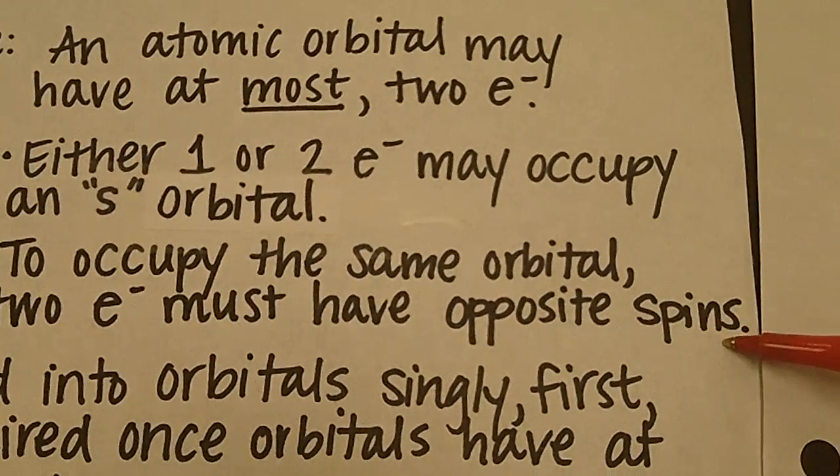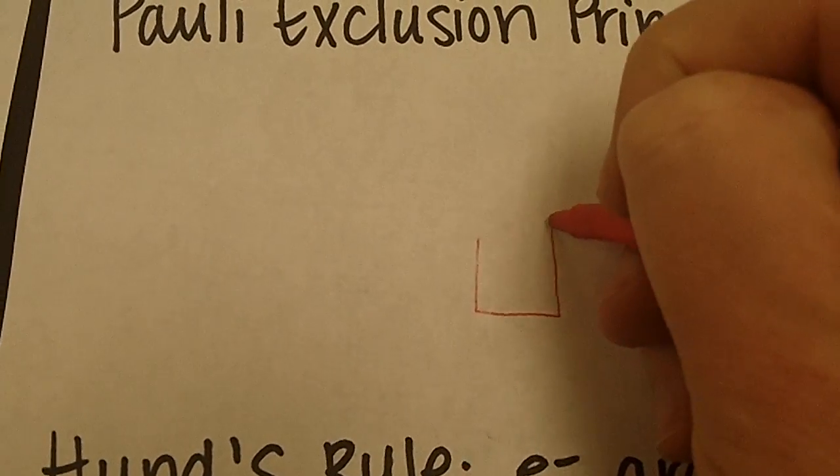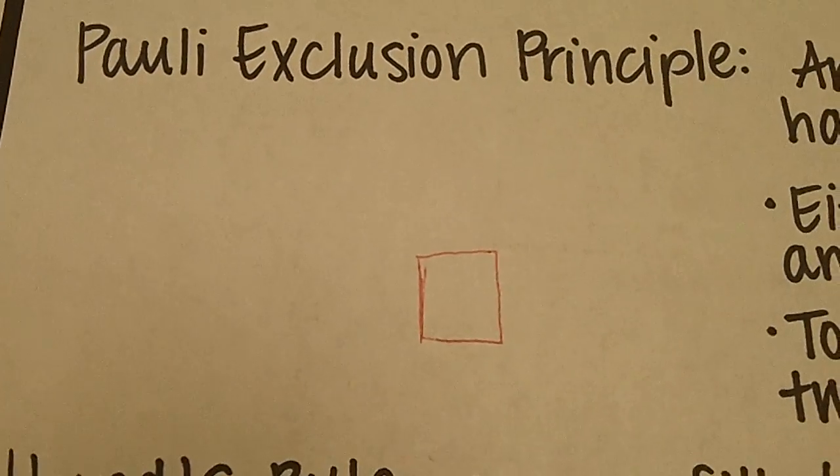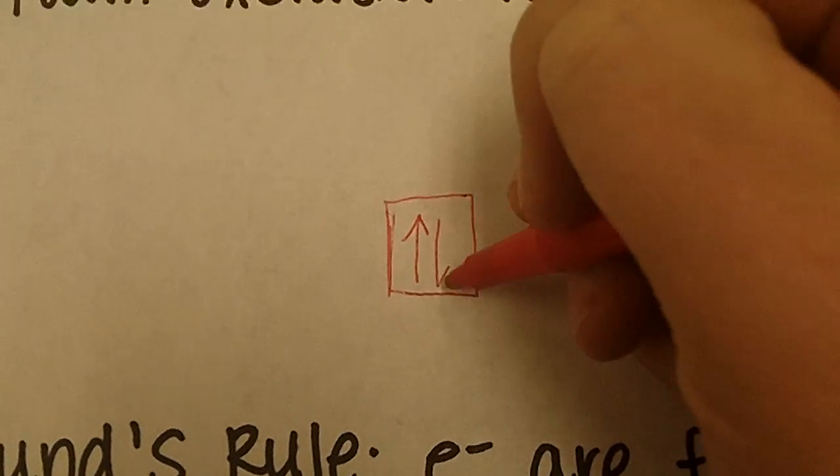The second part of this says that to occupy the same orbital, 2 electrons must have opposite spins. So that just means that when you have your orbital, you are going to show a spin going clockwise and a spin going counterclockwise. And I mentioned in class that you can just show it like that. You don't have to show the full arrows. I'm not really sure where the shorthand first came into play.